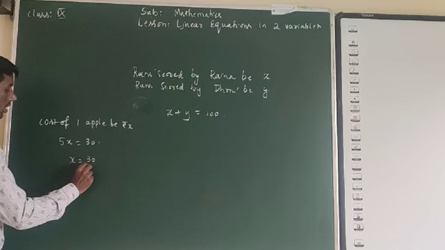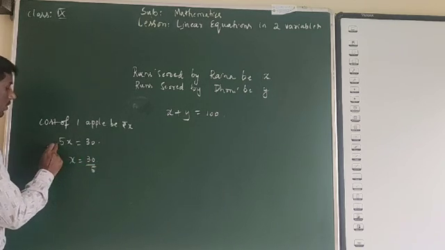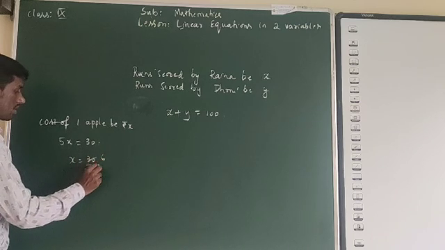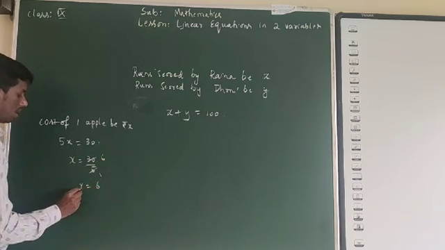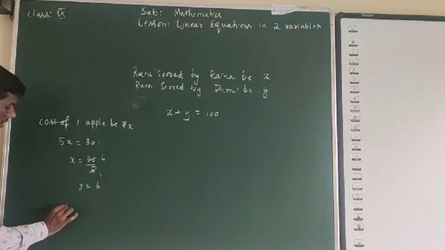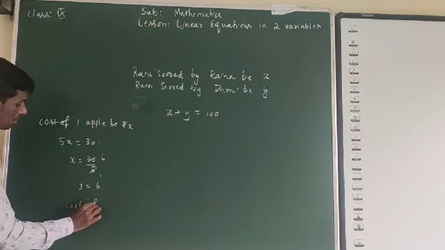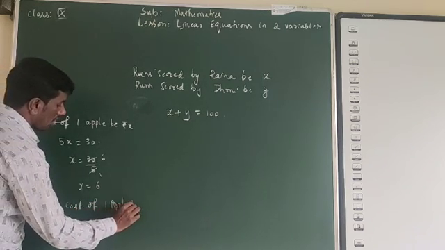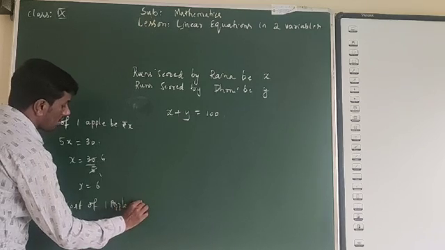Bring 5 to the denominator of the other side, because if it is multiplied here, on the other side it will get divided. So 5 ones are 5, 5 sixes are 30. So x is equal to 6. That means the cost of one apple is rupees 6.